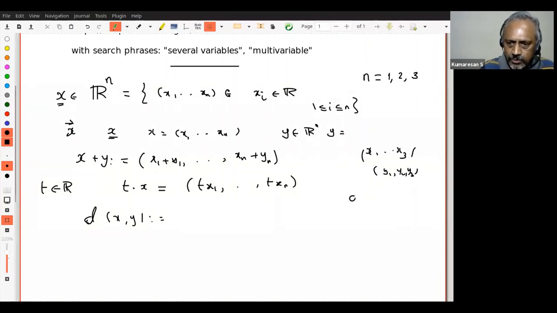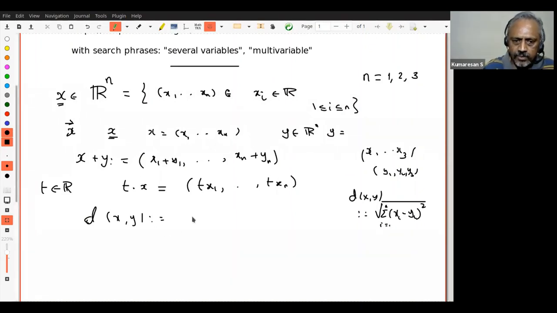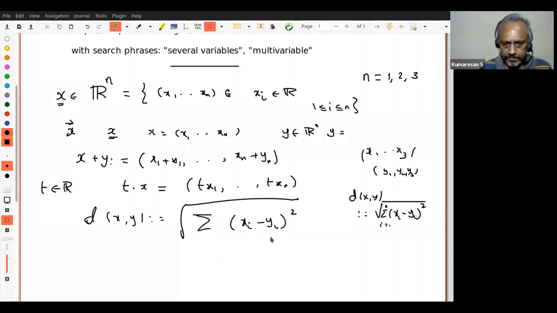The distance between these two, x and y, was by definition the square root of the summation over i equal to 1 to n of xi minus yi whole squared. Here also we do the same thing: take xi minus yi, take its square and then take its root. This is what is known as the distance.